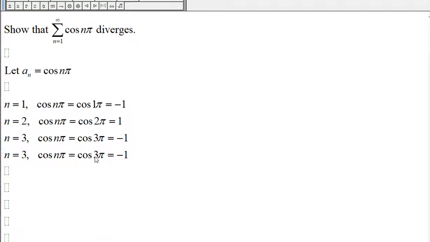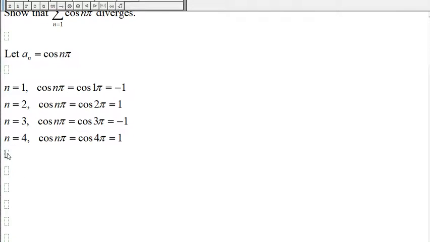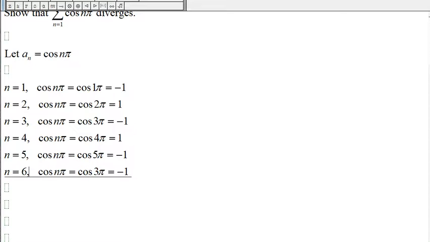And then when n is 4, then we're back at 1. And then when it's 5, then we have -1. And then when n is 6, then we have 1.